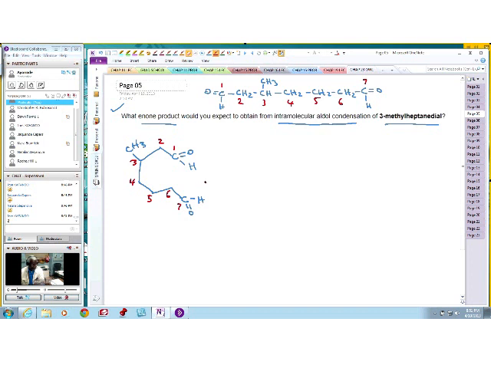Give me the number 2. Very good, so you want us to use 2 for your nucleophilic carbon. That is possible. If you do that, what would be your electrophilic carbon?